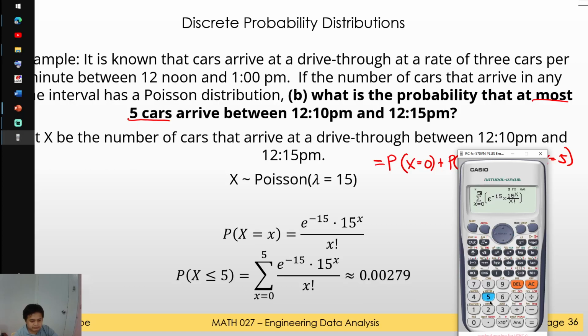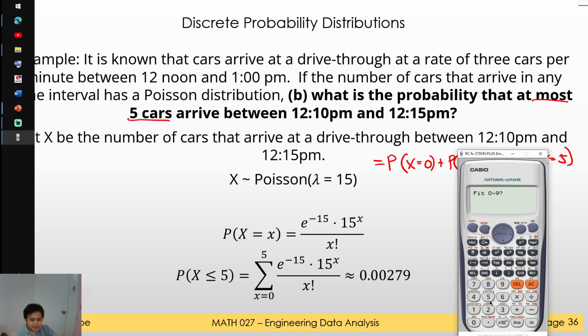Solving that, we have 0.0028, or changing the decimal places, 0.00279. That is a quick way to solve this problem using your calculator.